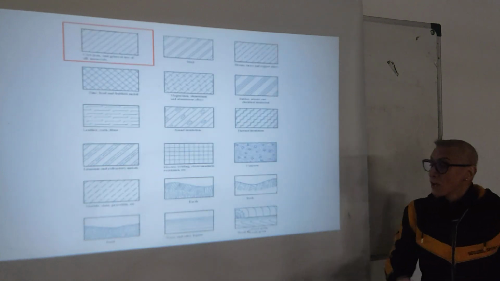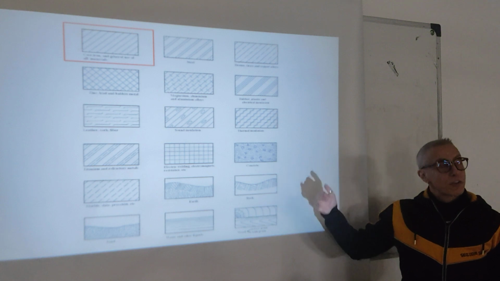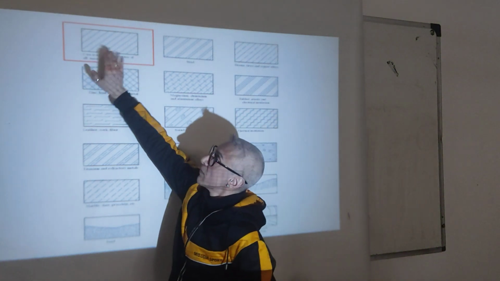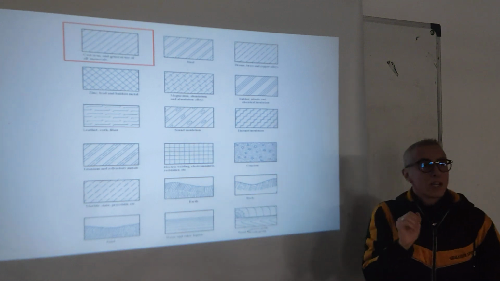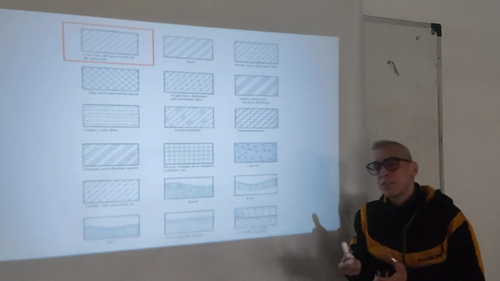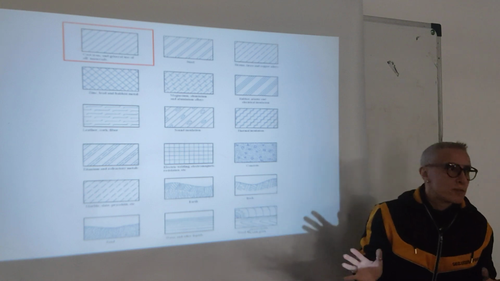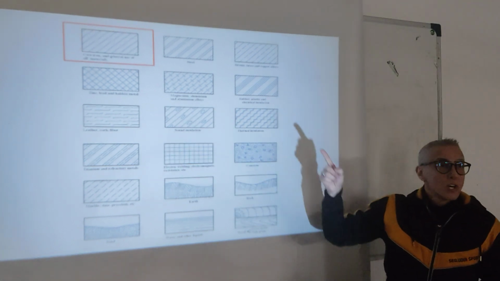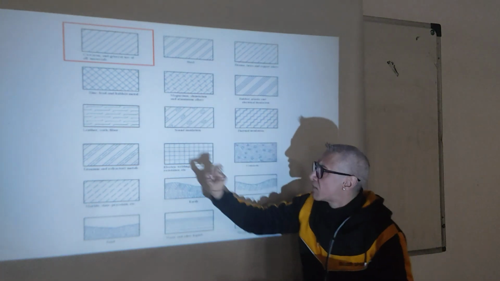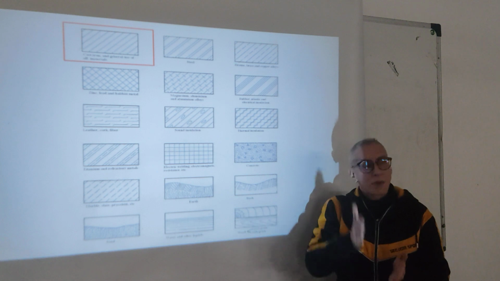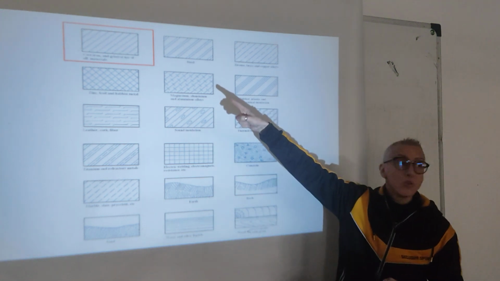Here we see different lines for different materials, okay? The one we saw until now is this, which is used for iron, for cast iron, and if you don't want to specify the material, this is important. For example, if I don't want to specify exactly what kind of material, I just want to show that it is a material, I also use that type.